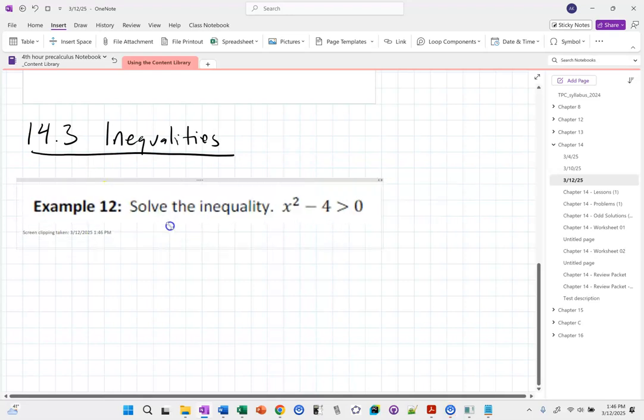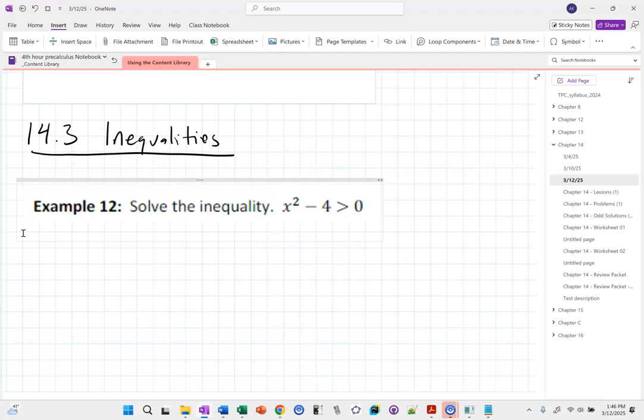Something like x squared minus 4 is greater than 0. How many solutions are there going to be to this inequality? More than 2. How many values for x are going to satisfy this inequality?